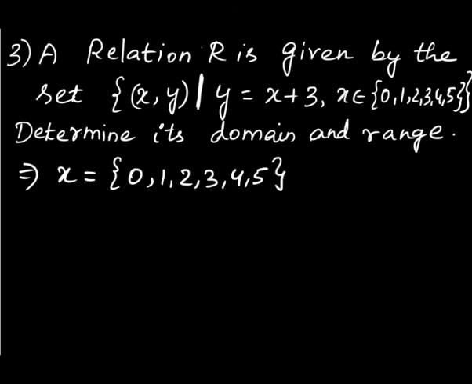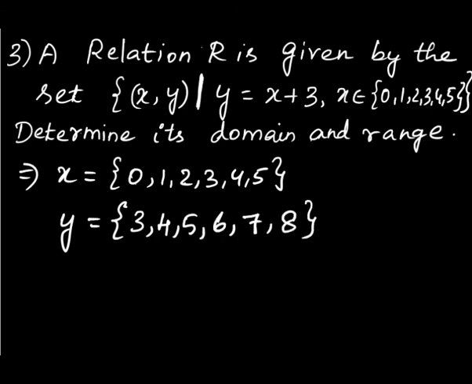And y they have not given directly, and they have defined y to be x + 3. So y is equal to, here x value is 0, so 0 + 3 = 3, 1 + 1 = 4, here you have 2, so 2 + 3 = 5, 3 + 3 = 6, 4 + 3 = 7, 5 + 3 = 8. So this is your y value.